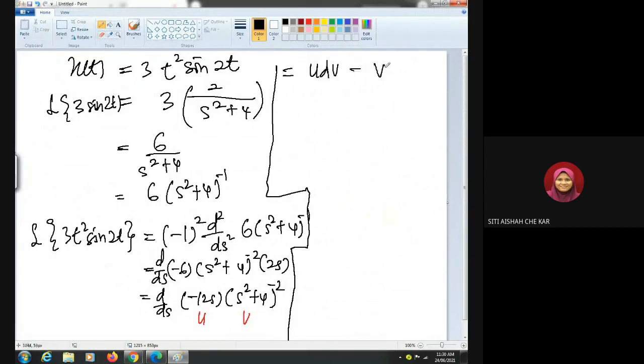So DU adalah negatif 12 S, DV adalah negatif 2 S kuasa 2 plus 4 negatif 3 2S, tolak VU adalah S kuasa 2 plus 4 negatif 2, DU adalah negatif 12.